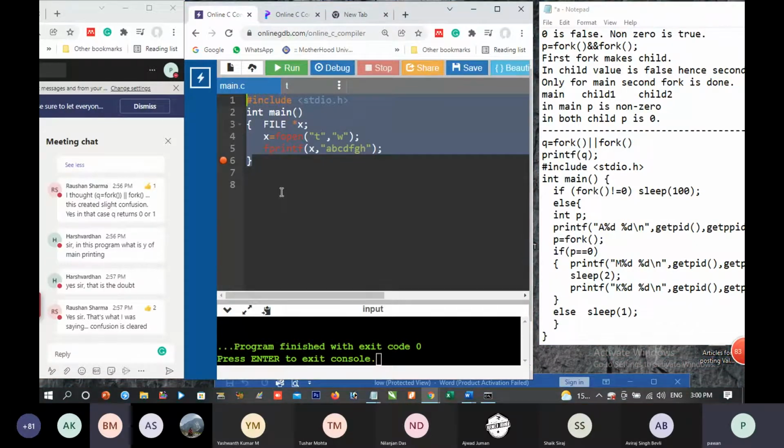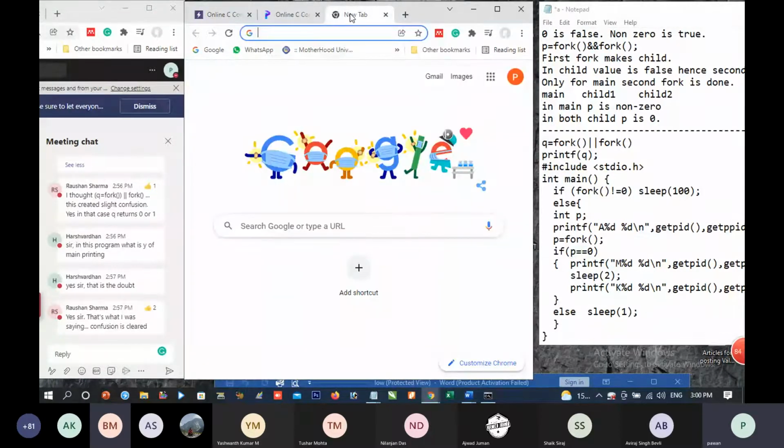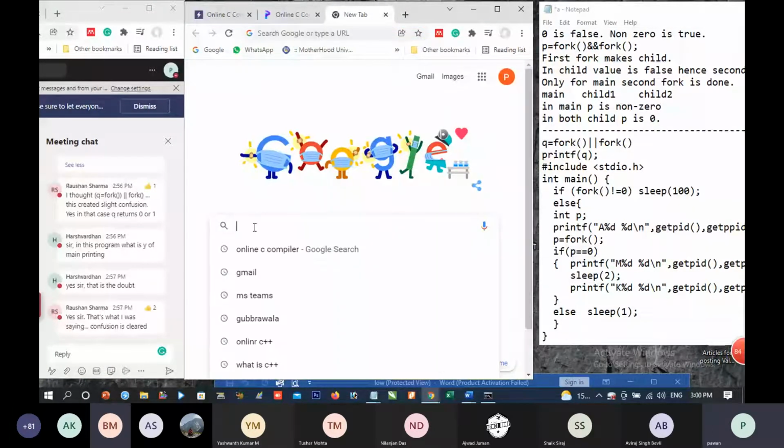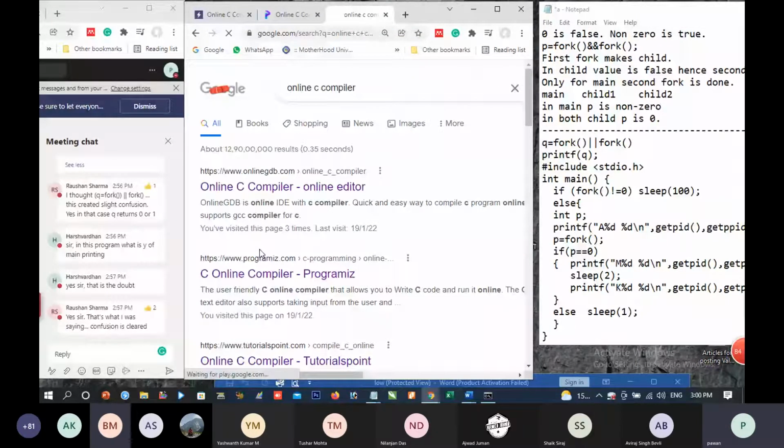Now, students, you start GDB editor. How do we start GDB editor? See the method. Type online C compiler, then online editor, online GDB. Click on this.